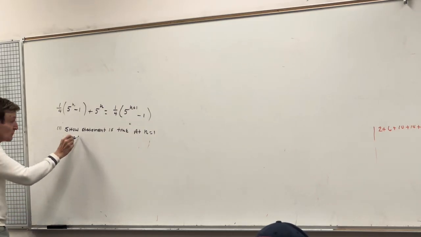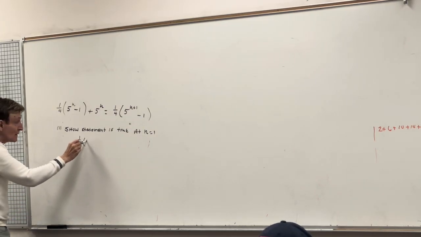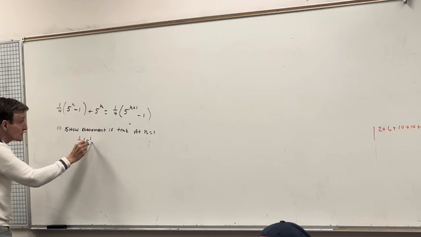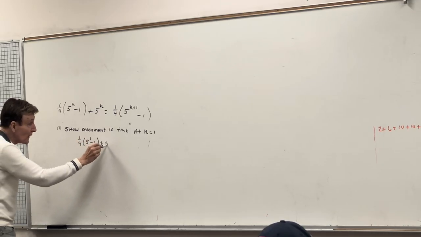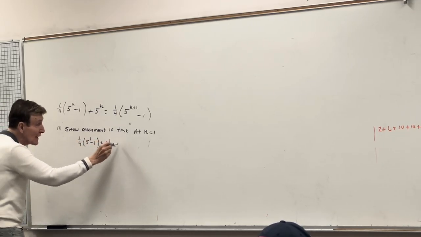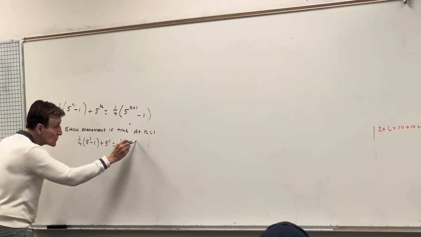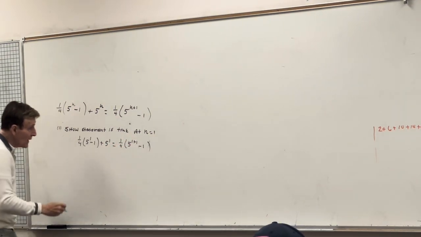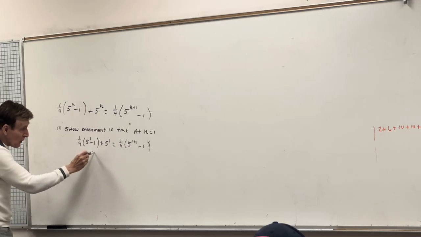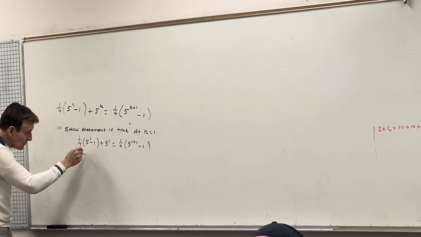We put an n in there, put 1/4 times 5 raised to the first, subtract 1, plus 5 raised to the first. And of course, we've got to show all this. 1 plus 1, subtract 1. We got this to be a 1 here. 1/4 of 4.